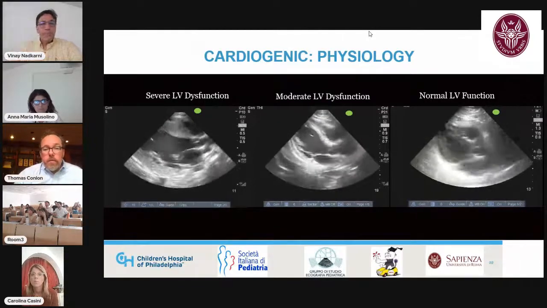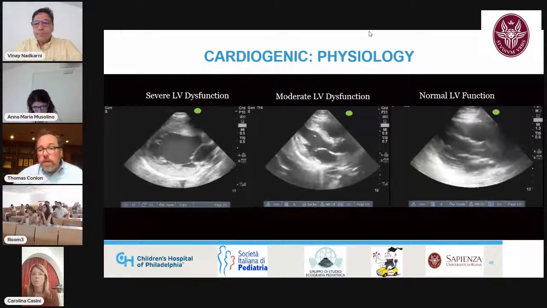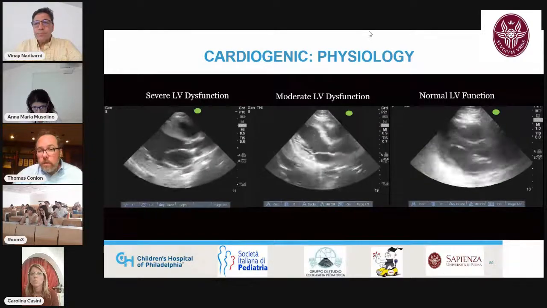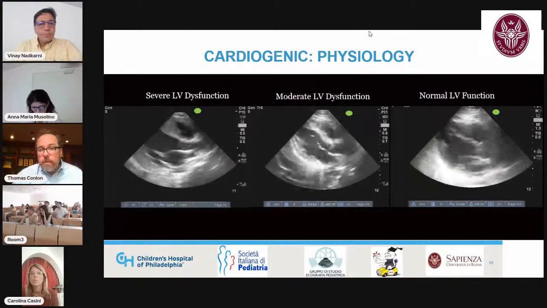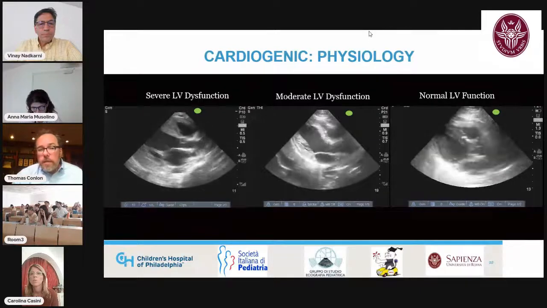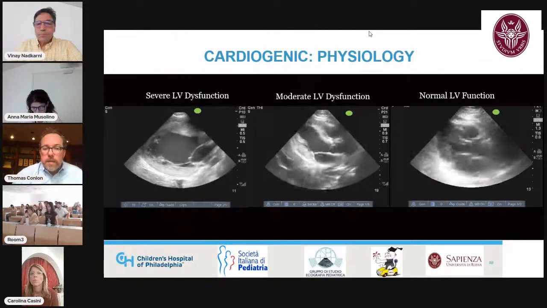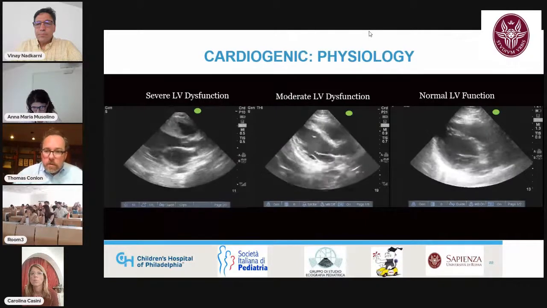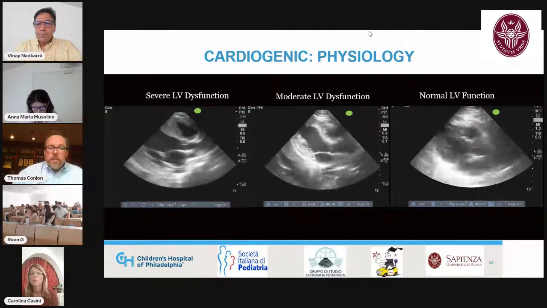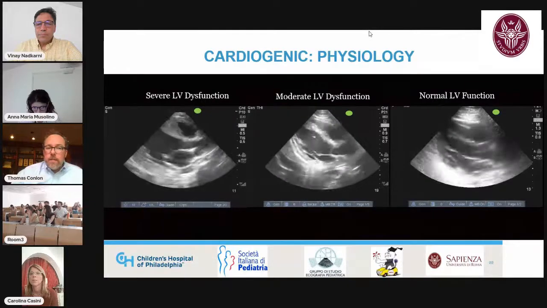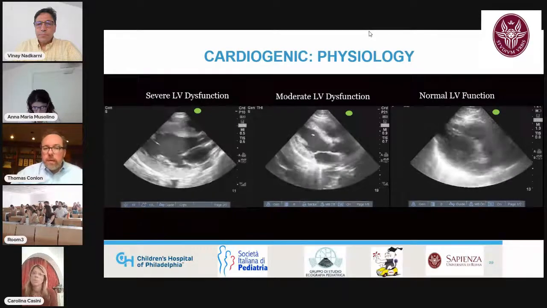And you can compare both of those to the picture on the right where there is normal left ventricular function. You can train your eyes to differentiate between these important distinctions. It does not take long to learn how to diagnose cardiac dysfunction, especially in the spectrum of severe and moderate dysfunction.